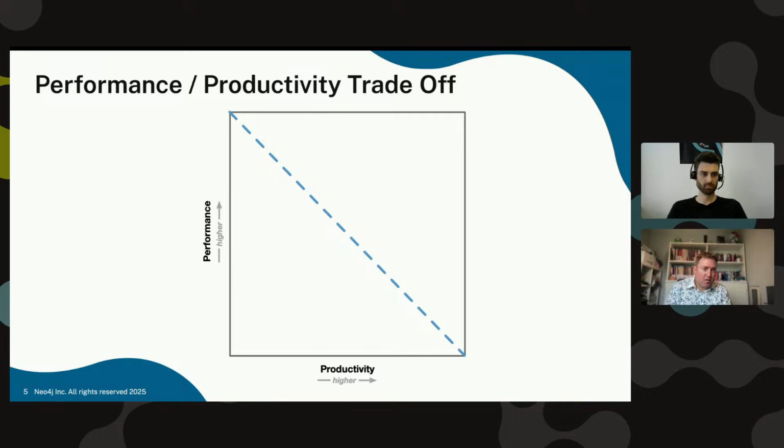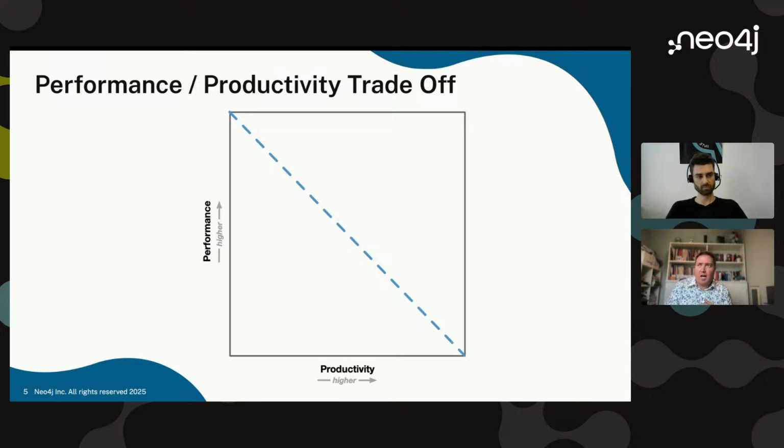I'm interested in two dimensions. We've talked a lot about productivity already. To me, productivity is how difficult a system is to use. We can have a really fast system, but if it takes you 3 days to learn the syntax of some query language, then it isn't productive. So productivity is, can we mutate graphs?